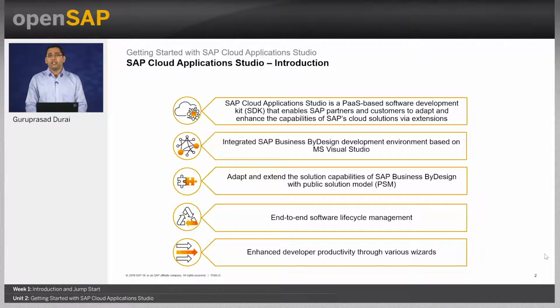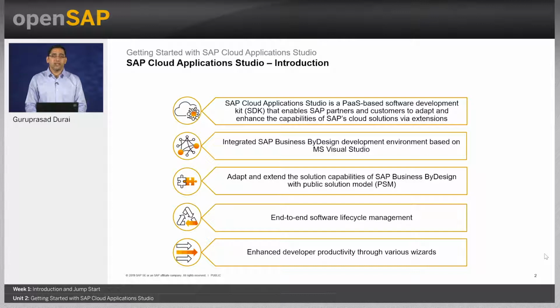Let me first quickly give you a short introduction about SAP Cloud Application Studio. From now on, I will refer to SAP Cloud Application Studio as Cloud Studio. Cloud Studio is a PaaS, or platform as a service, based software development kit which enables partners and customers to adapt and enhance the core SAP Business by Design ERP suite.